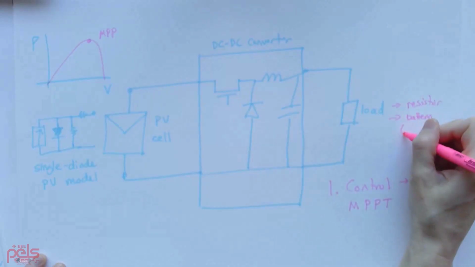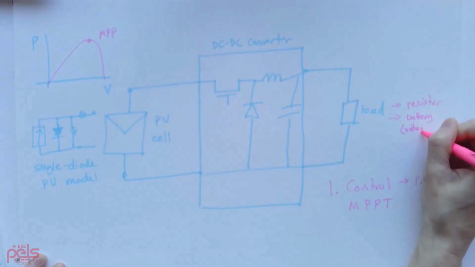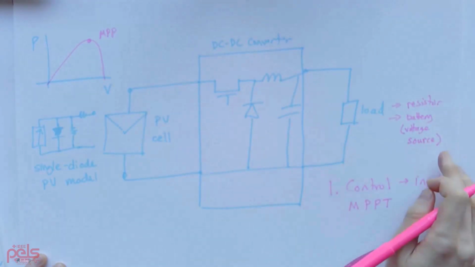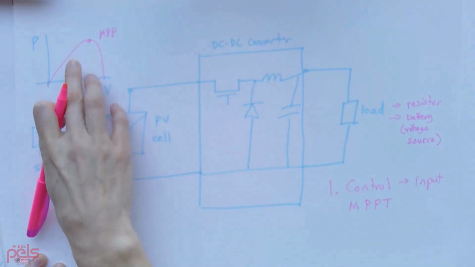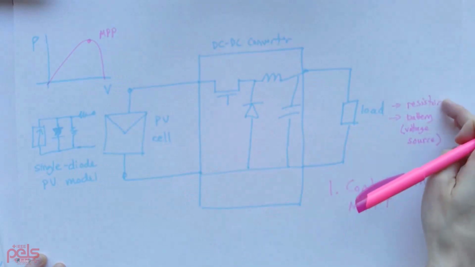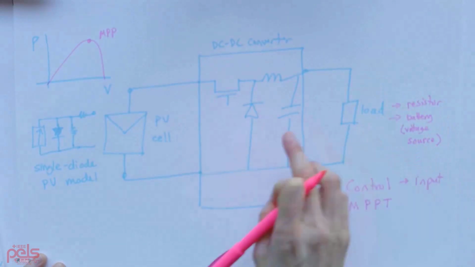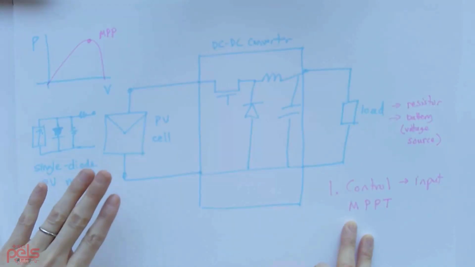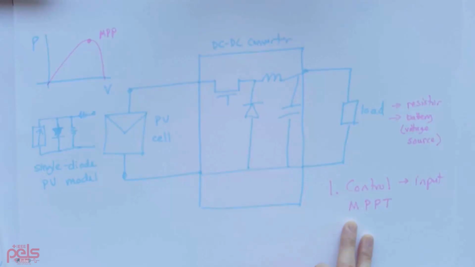In that case, you may simplify the battery to be a voltage source. So whatever power you're operating at here is going to be going into your load, and depending on what type of load you have, your voltage and current will adjust to meet the power balance. So control for a DC-DC converter that's controlling a photovoltaic cell will focus on input side control.